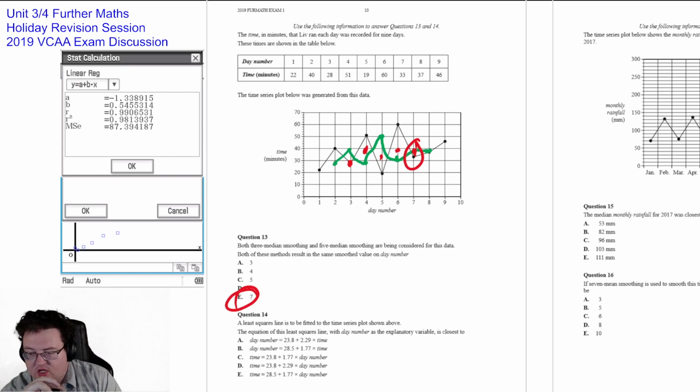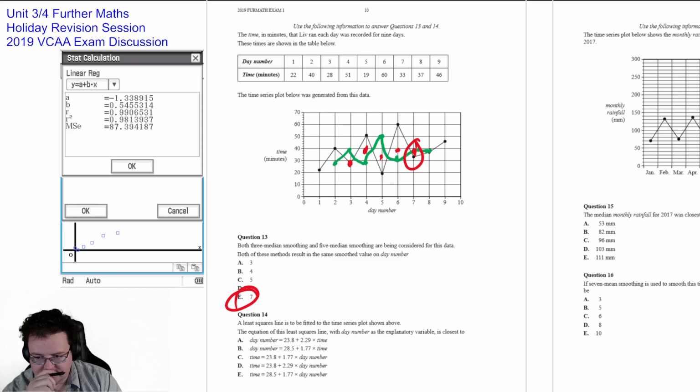A least squares regression line is fitted to the time series plot data above. The equation of the least squares regression line with the day number as the explanatory variable is closest to what? The day number means that it is the explanatory, which means that what axis is it going to be on? What axis is our explanatory variable always on?